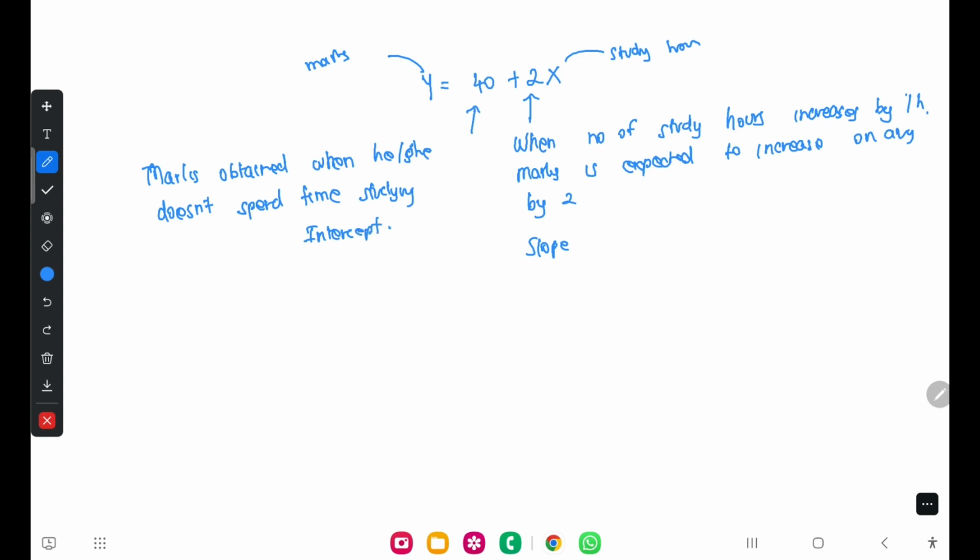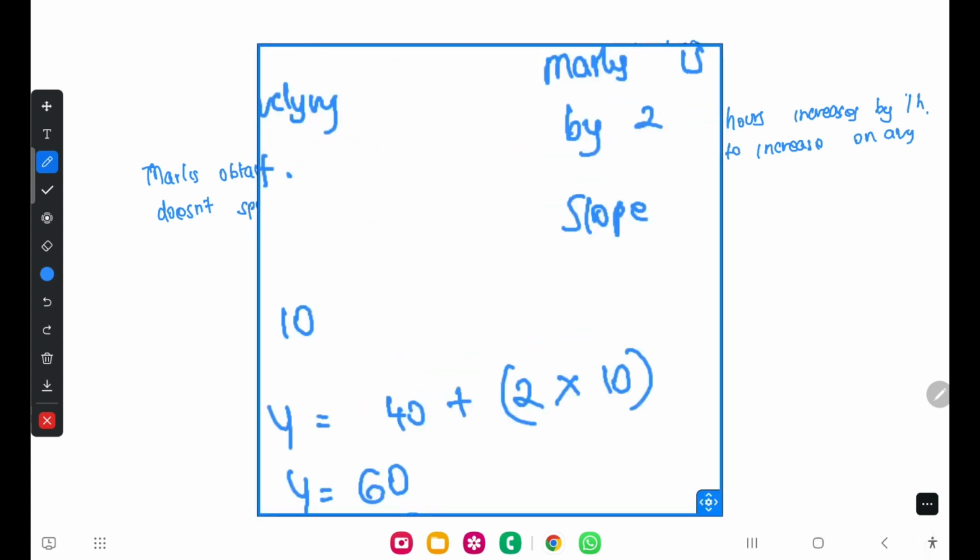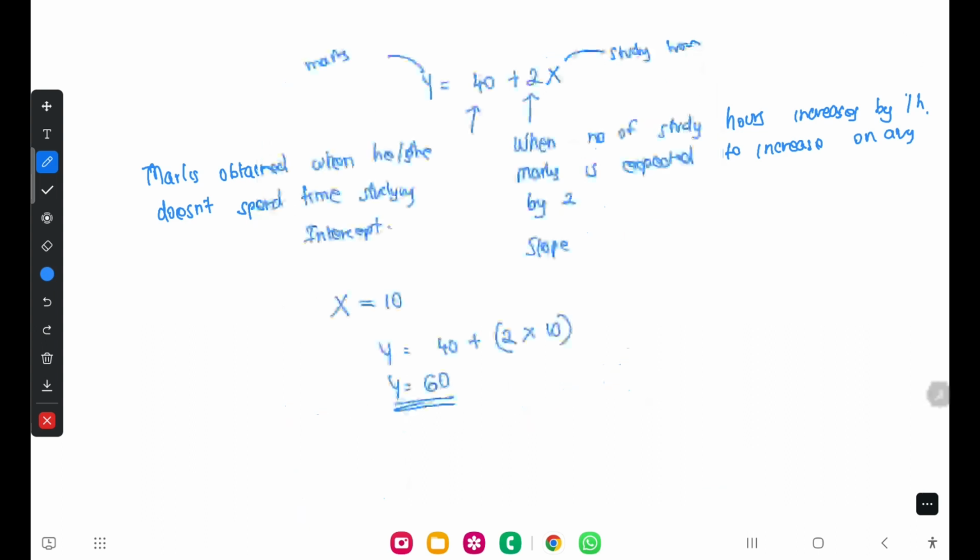So if in the question they give the x value, let's say one person has studied for 10 hours, her marks is going to be 40 plus 2 into 10. So even though she has studied for 10 hours, she's only going to get 60 based on the equation which I've given. Now when predicting, there are two terms which you would have come across, called interpolation and extrapolation.